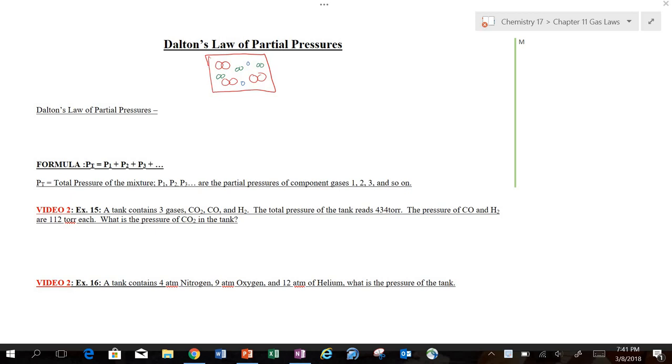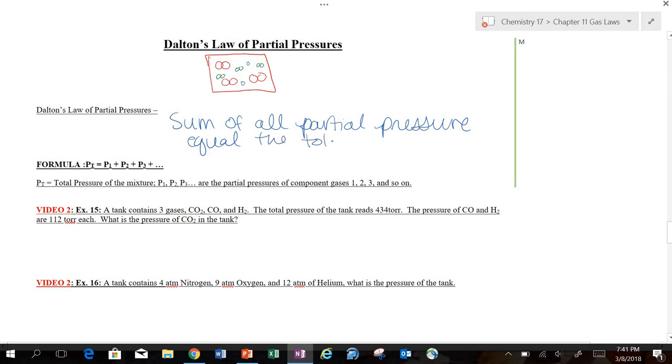Basically what it says is that the sum of all partial pressures, so let's write our definition down first, the sum of all partial pressures equals the total pressure of a container.